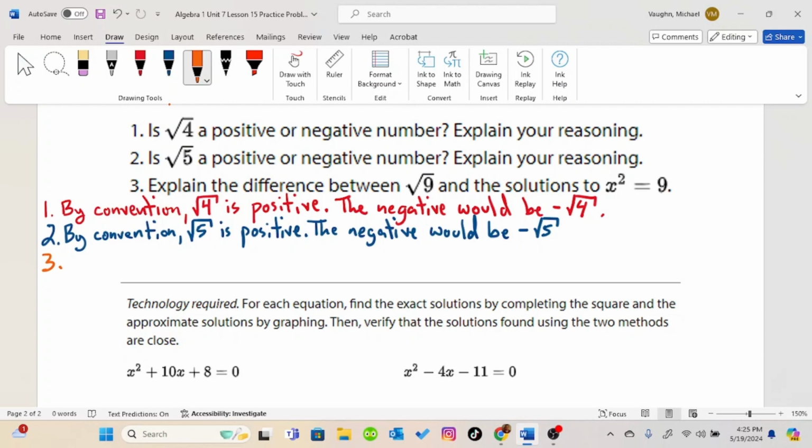And then number 3 asks us to explain the difference between the square root of 9 and the solutions to x squared equals 9. So the way that we interpret this is that the square root of 9 is positive, so it equals 3.